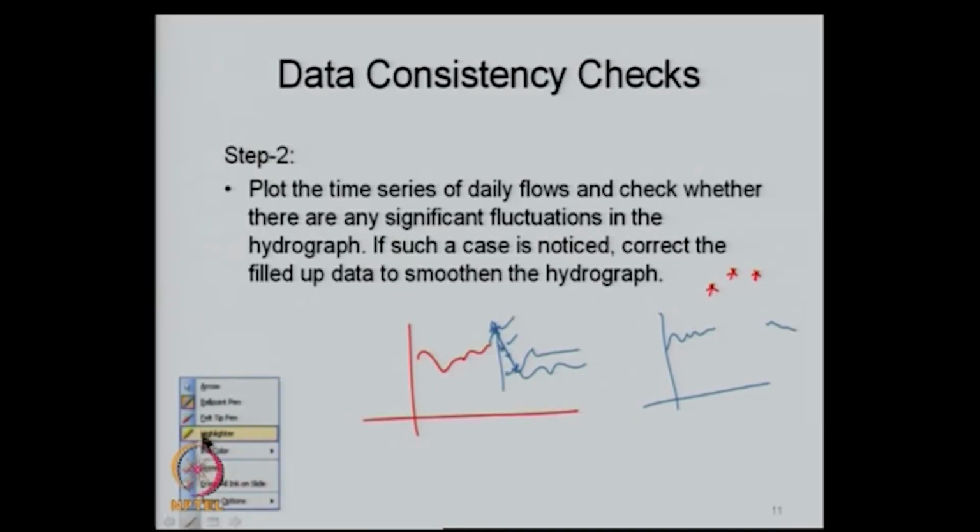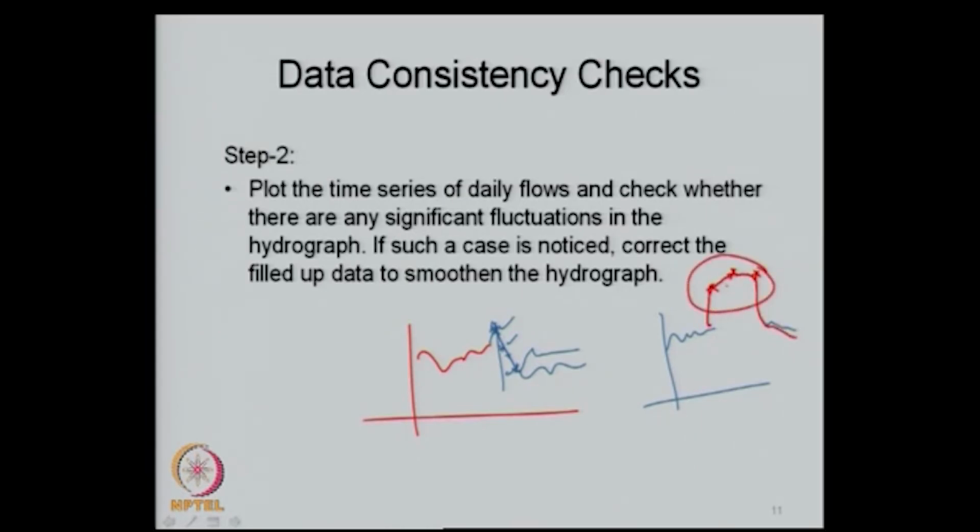When that happens, it means that the procedure did not work out well. So, like this it happened and then it came back to this point, and all of this is the missing data. If this happens, then the procedure for missing data that we have used is not good, and we have to go for some other methods, which I will discuss now.